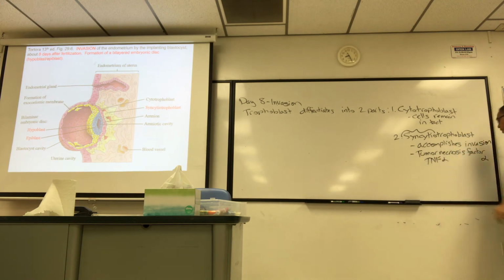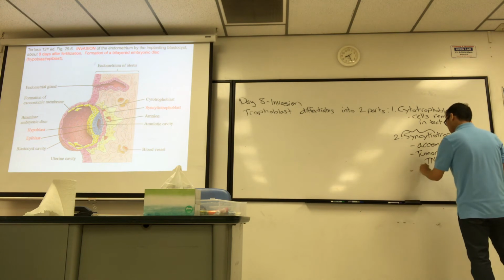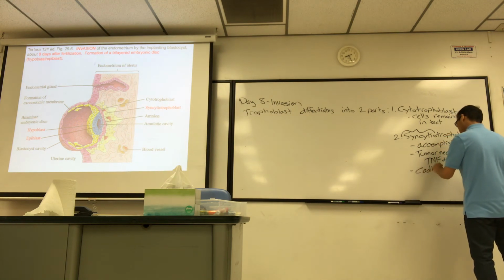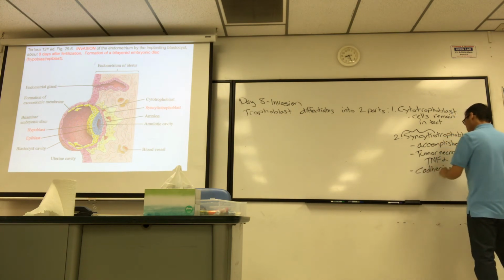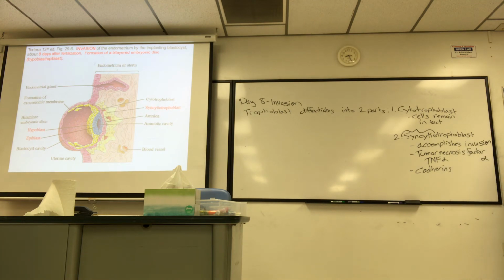These things help you not only break down the cells in the endometrium so you can get in, you're digging a hole, but also help you adhere. So there are things like cadherins, little molecules that work like Velcro, they help you stick. You dig a hole, but you also grab onto what you're digging.